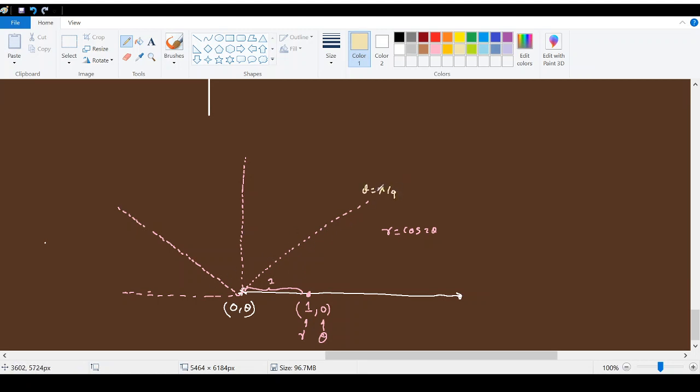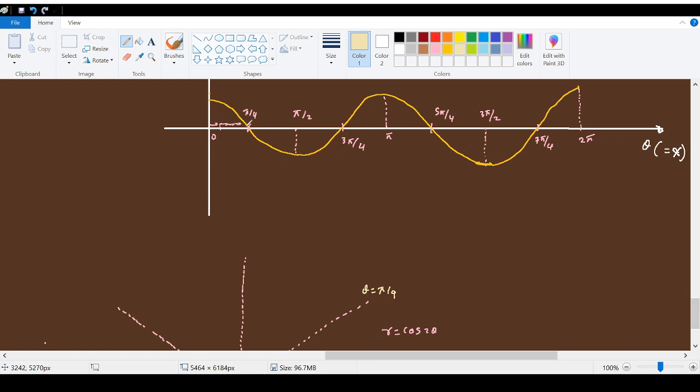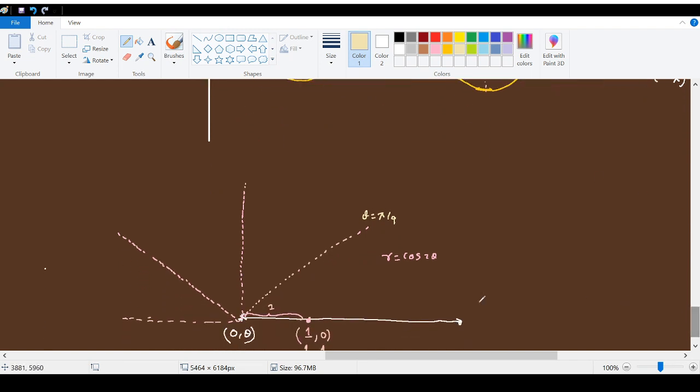Now here it says when it reaches pi by 4, you have a straight line like this, and as the angle increases this straight line should rise up. But it should not maintain the same radius.